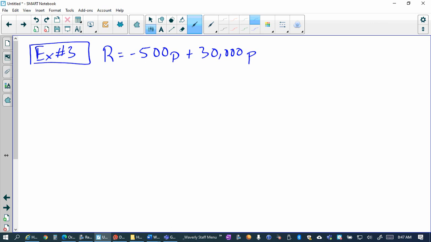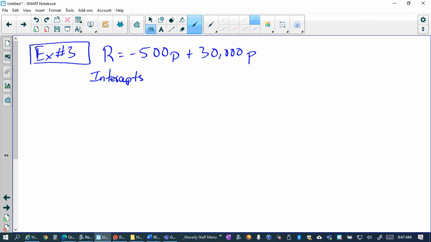So let's find some intercepts here, okay? In other words, we're going to find some zeros. You remember finding zeros of a function, don't you? Zeros are also the intercepts.